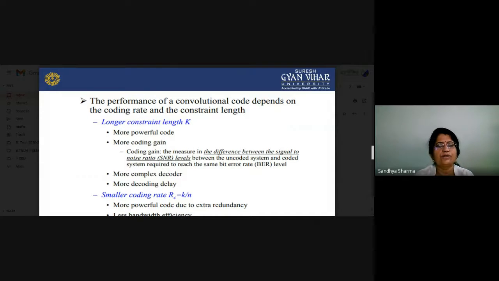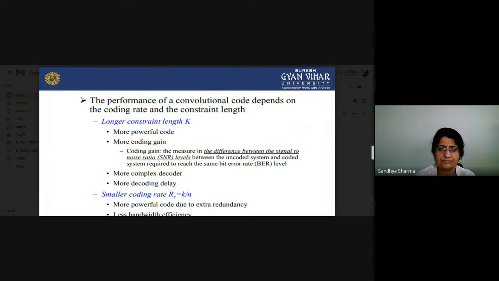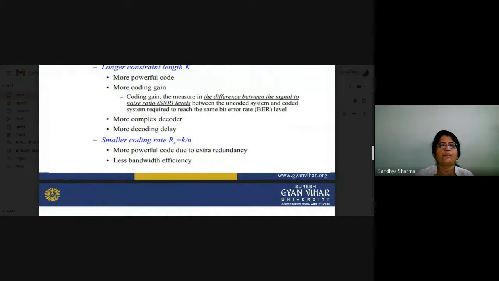A smaller coding rate Rc, equal to k by n, is more powerful due to the extra redundancy, but has less bandwidth efficiency. So a small coding rate is more beneficial for us in our encoder.